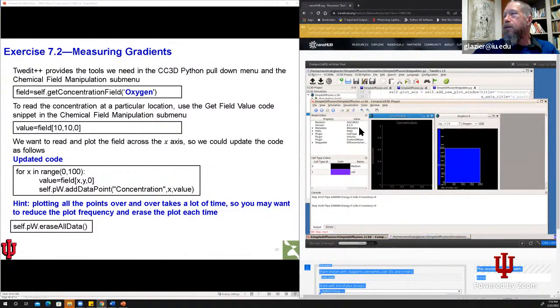Let's see what we get now. Yeah, thank you. That's it. I was erasing it 10 times for one grow. So now you get a pretty smooth movement.